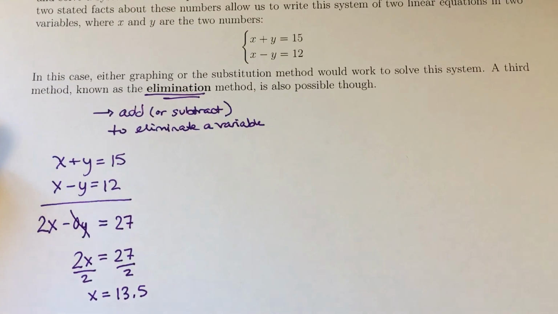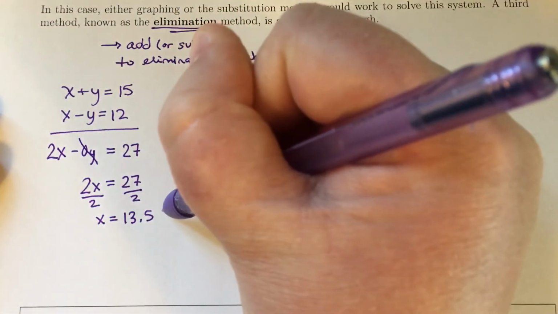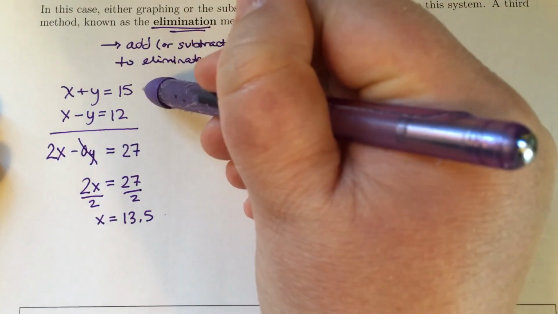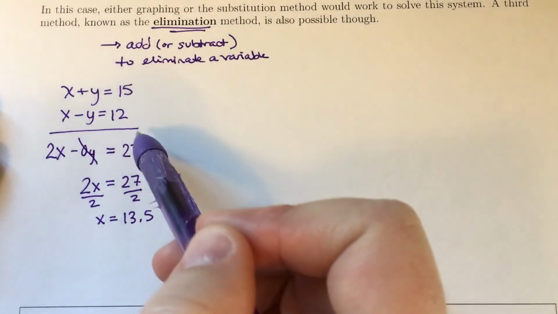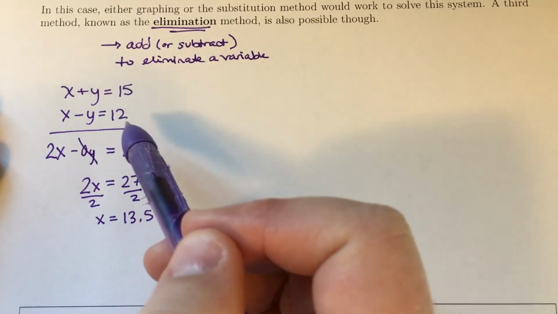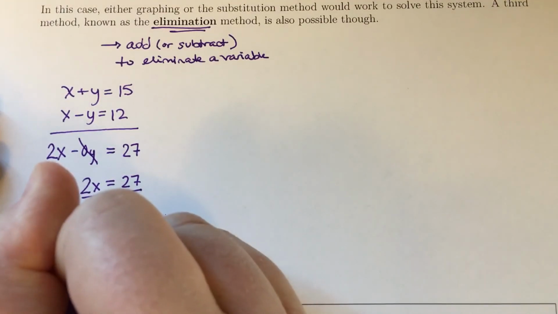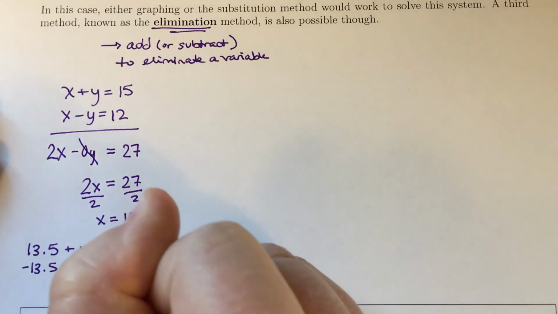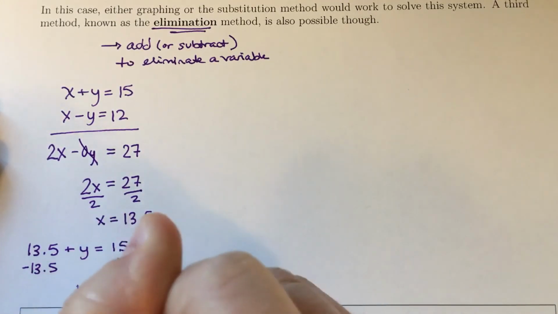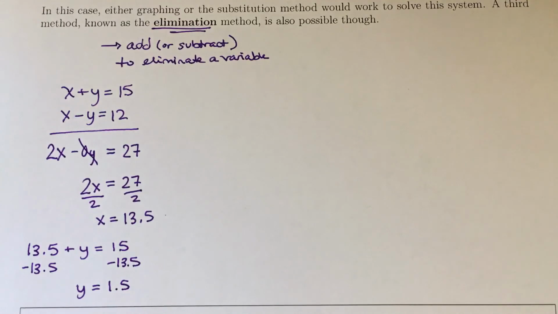Now, just like when we were solving with graphing or with substitution, we need to find the y that goes with that. So we would plug this into either one of our equations. I'm going to pick the one with the positive numbers, but really you could check it in both. That would be good to make sure it's the same y value that you get. So let's plug it into the first equation. 13.5 plus y equals 15. So I subtract 13.5 from both sides, and y is 1.5.